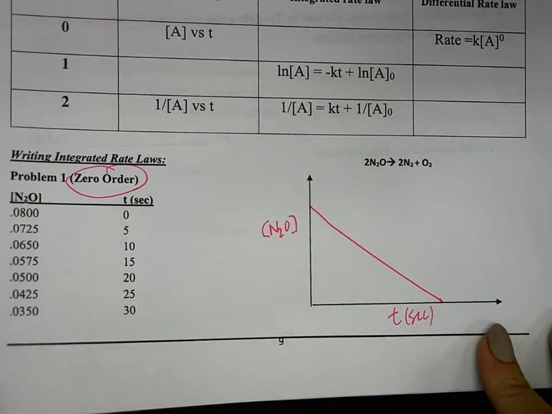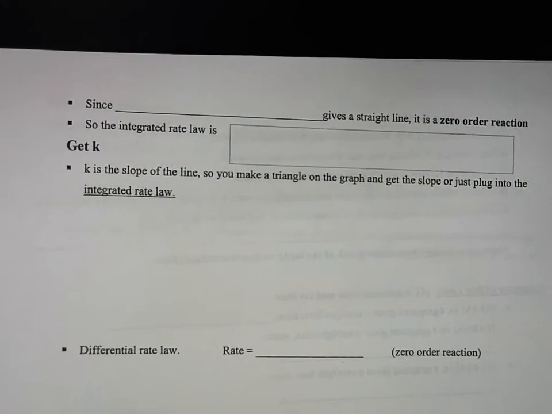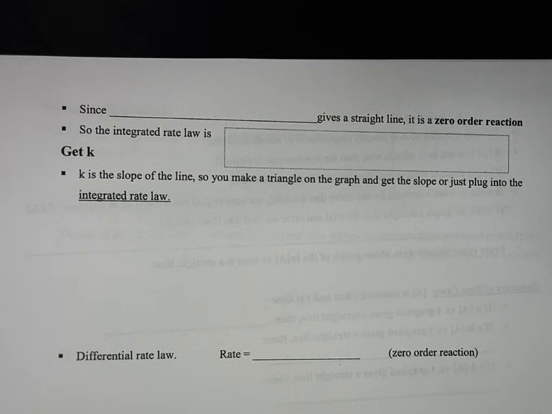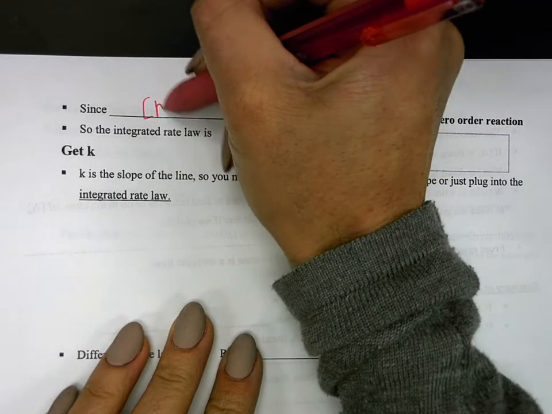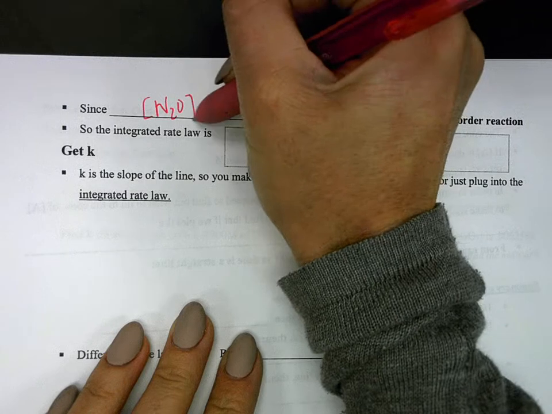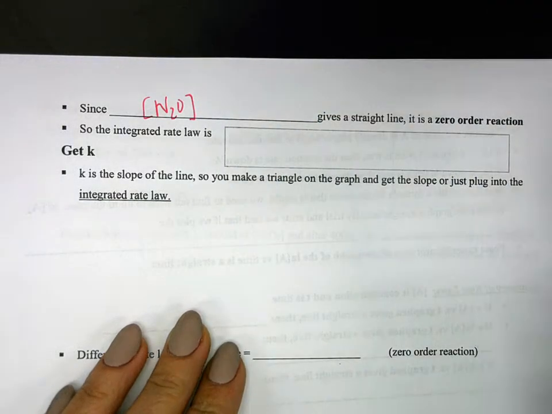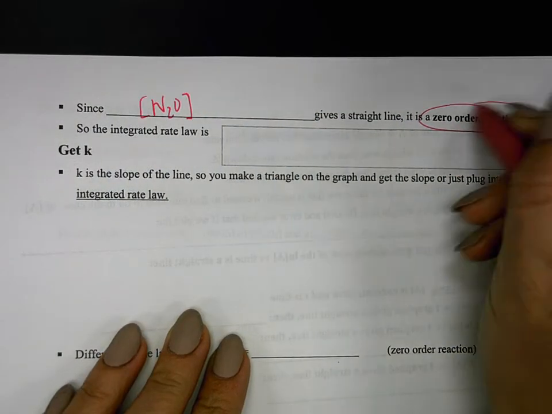Okay, so if we flip this over, still using the same problem, since the concentration of N2O gives a straight line, it is a zero order reaction.